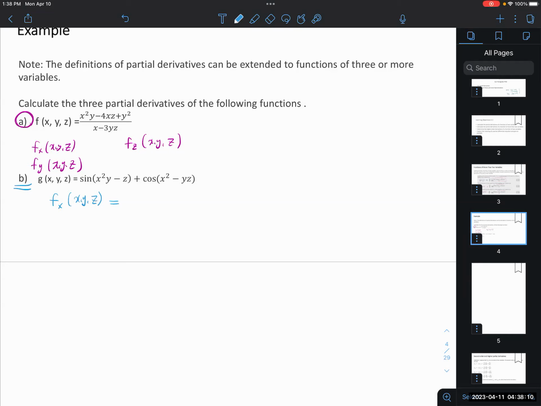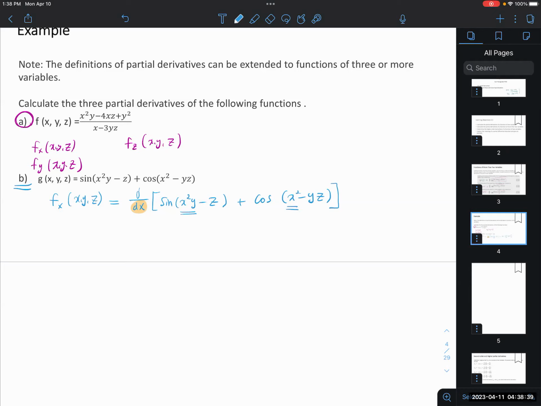So we have a function derivative dx, and then we have a big function, sine x squared y minus z plus cosine x squared yz. So that's what we are doing. We are taking the differentiation with respect to x. So you're looking at only the x variable, and whatever others are going to be considered as constants.